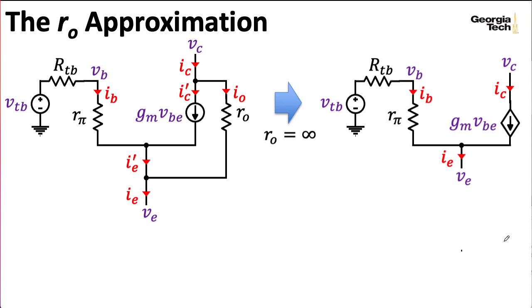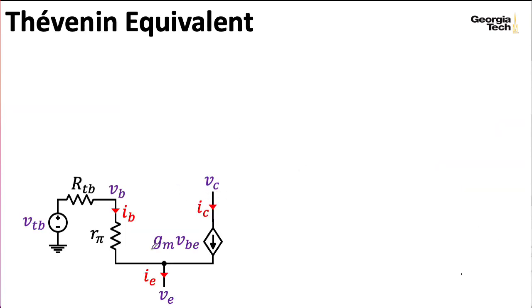All right, so now to compute a Thevenin equivalent looking up into the emitter here, the traditional way to do this would be to first compute an open circuit voltage, and then you would zero out the independent sources, and then you would either fix IE here and then compute VE in terms of IE, or you would fix VE and then compute IE in terms of VE, and then you would divide those quantities to get a Thevenin resistance.